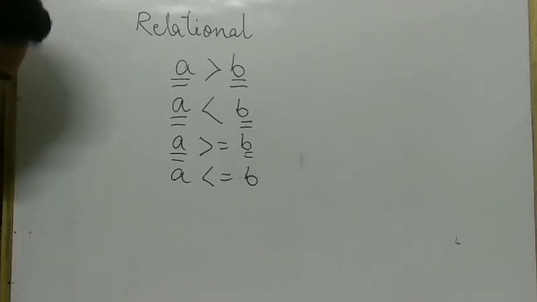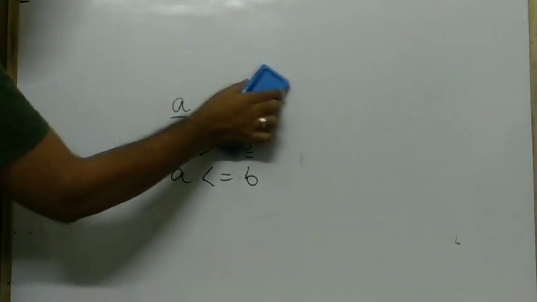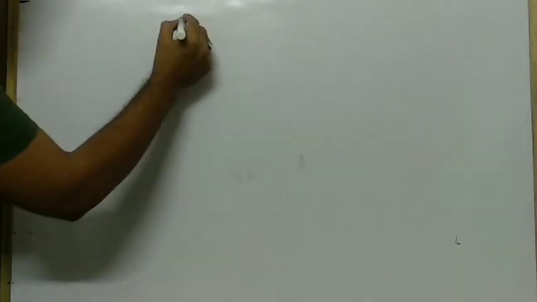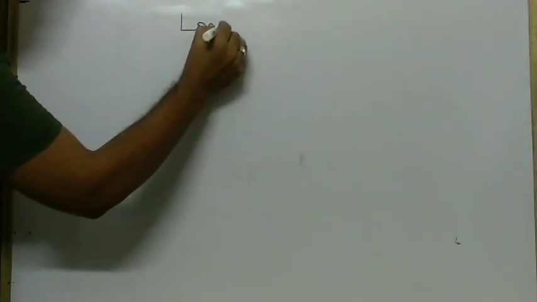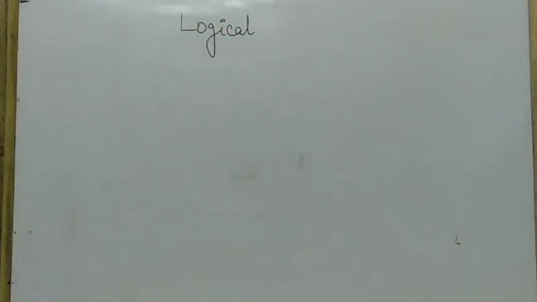Okay, the third one is called logical operators. The logical operators are a special type of operator which checks the output of the relational operators.